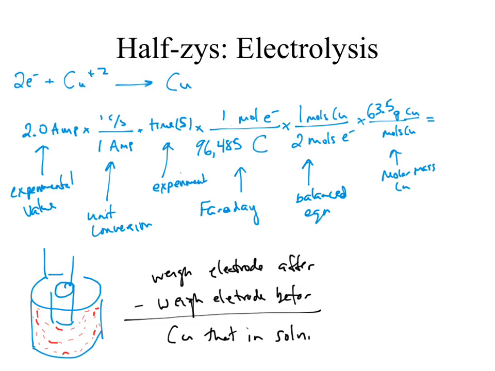If we want to know the percent copper in our ore, what would we need to know? The mass of the sample, the mass of the ore sample, and then our copper from our electrode.